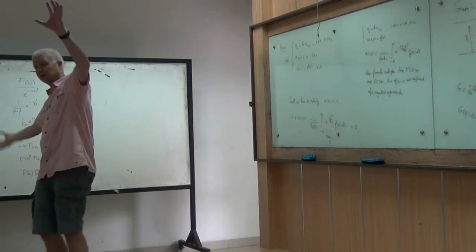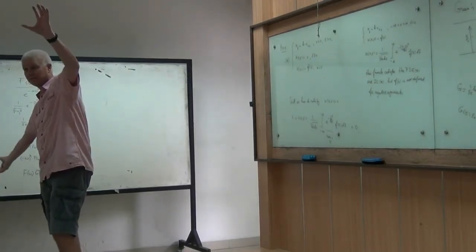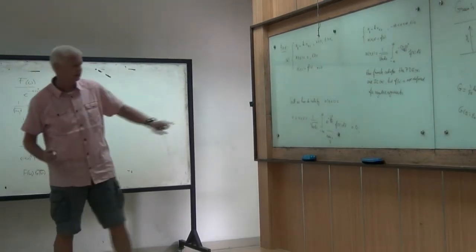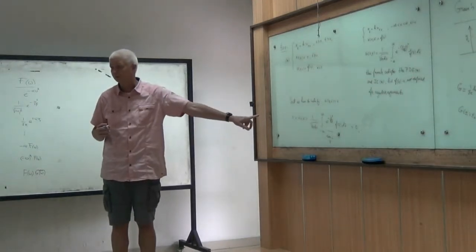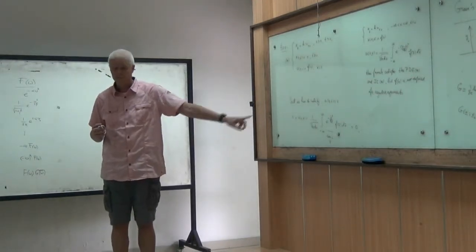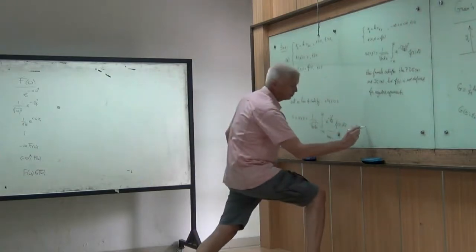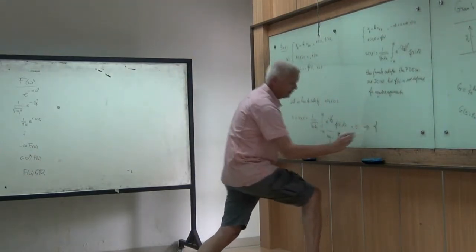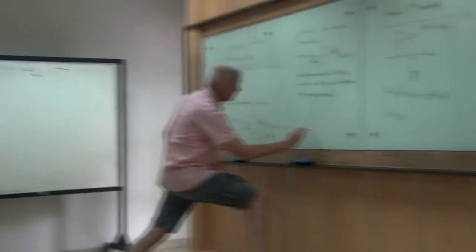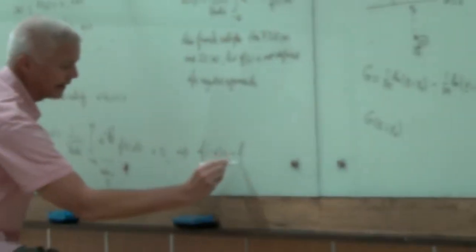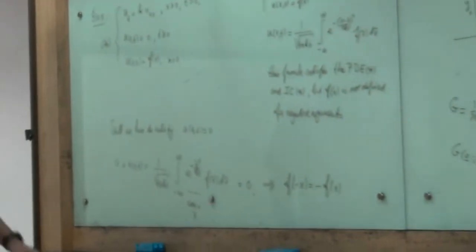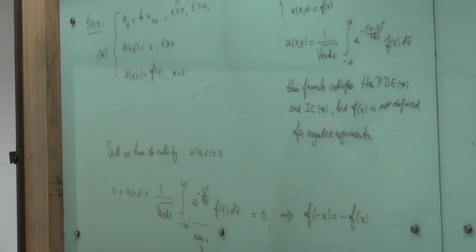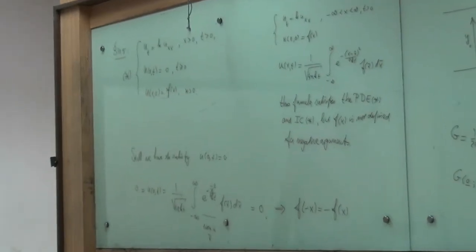If it's on one side up, it should be on the other side down, and vice versa. So that means that the function should be odd. From this it follows f(-x) should be equal to minus f(x). It should be odd.